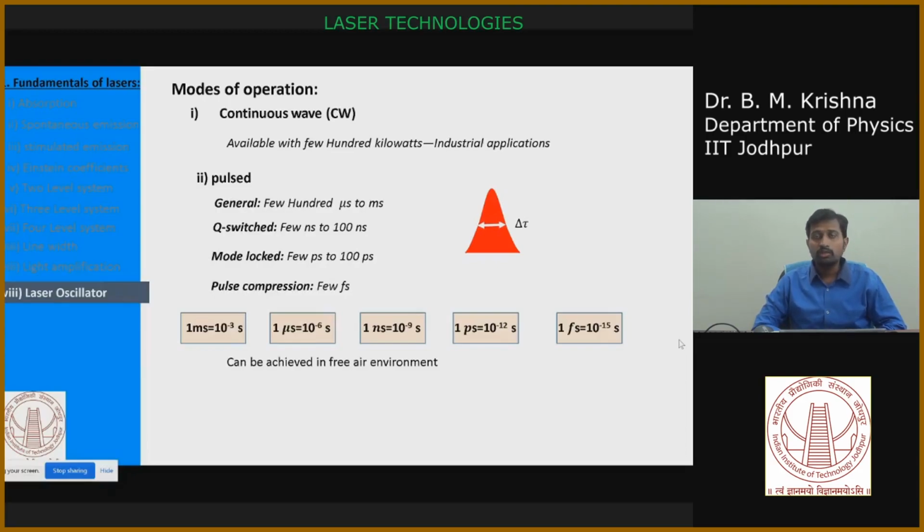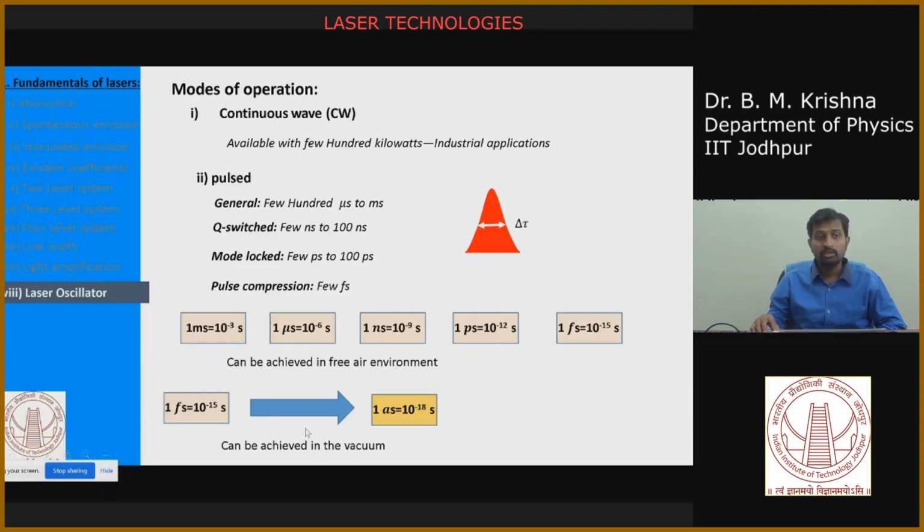Further, if you want to go to even shorter pulses, like attoseconds, which means 10 power minus 18 seconds, you take your femtosecond pulses and with different techniques you can achieve attosecond pulses, but the condition is you have to do this process in a vacuum. In free air, it is almost impossible to achieve attosecond pulses, because the techniques do not have suitable conditions in free air.